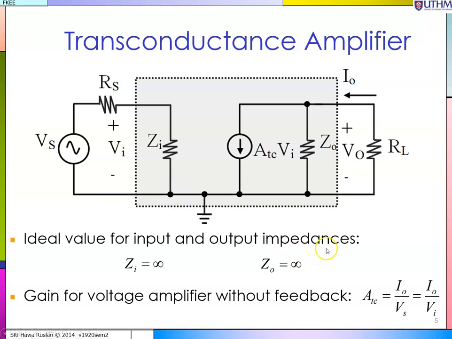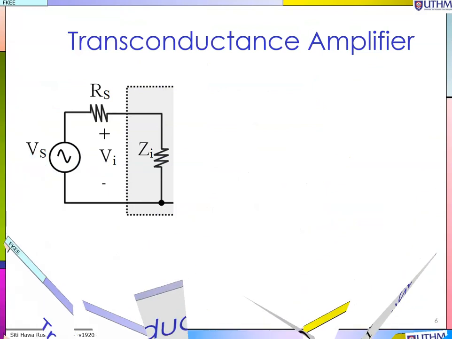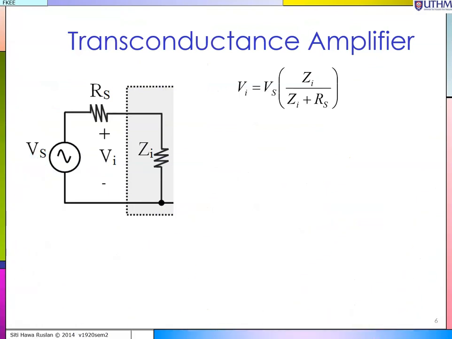The gain without feedback is the gain Io over Vs I mentioned just now, and if Zi is infinity, Vs is equal to Vi. So we look into the input section. Vi is actually the voltage across Zi. So using a voltage divider, your Vi is Vs multiplied by Zi divided by Zi plus Rs.